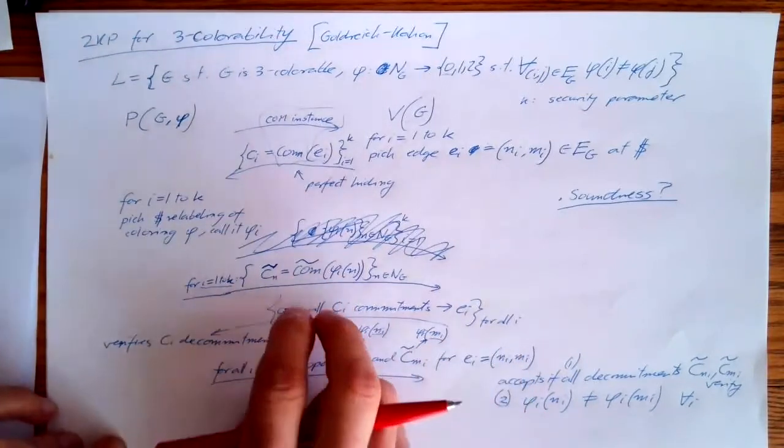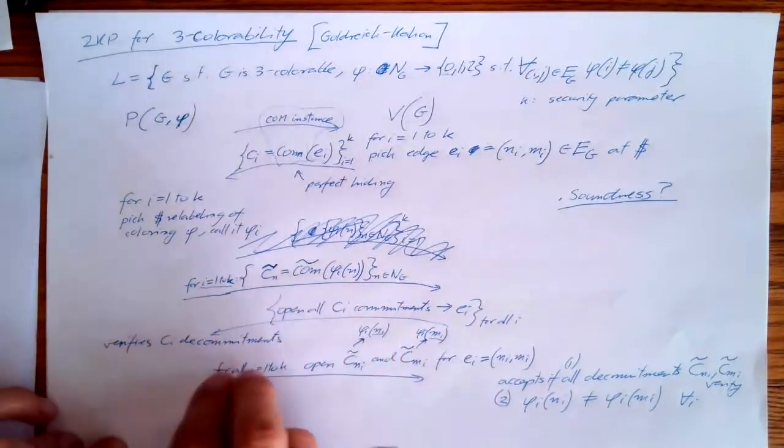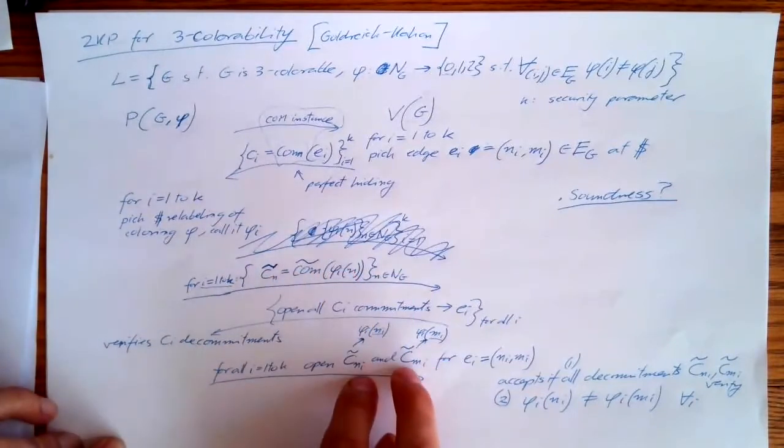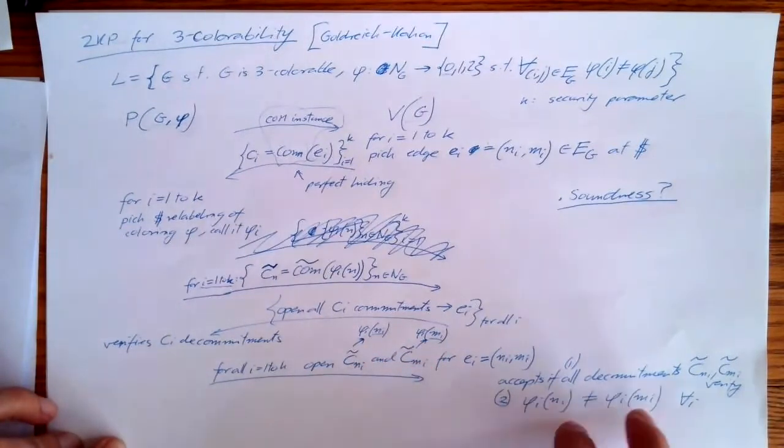The verifier chooses one edge, and the prover has to open these commitments in such a way that the coloring is indeed different.